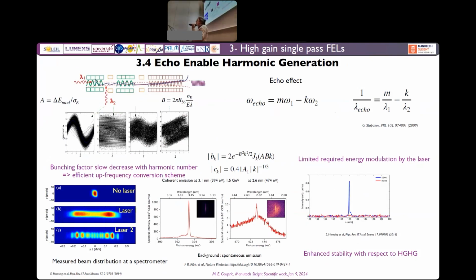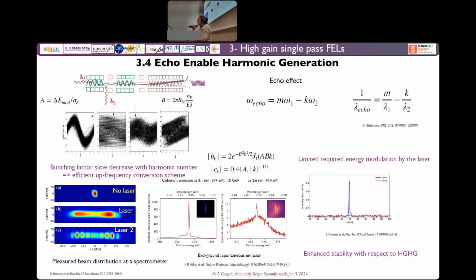And we don't need a very intense laser beam to do this modulation, so it makes the experiment simpler in a sense. And we also demonstrated that we have enhanced stability. So this is really a very important method.